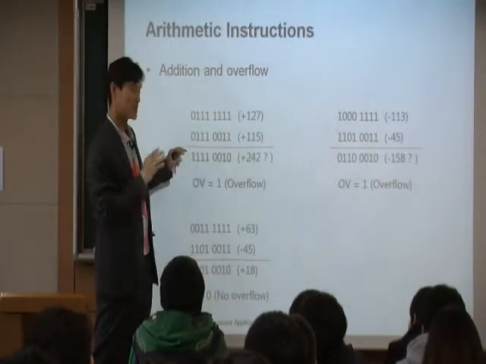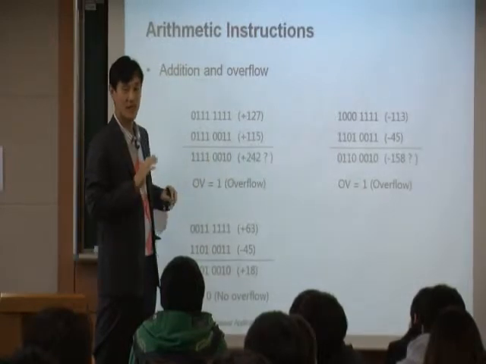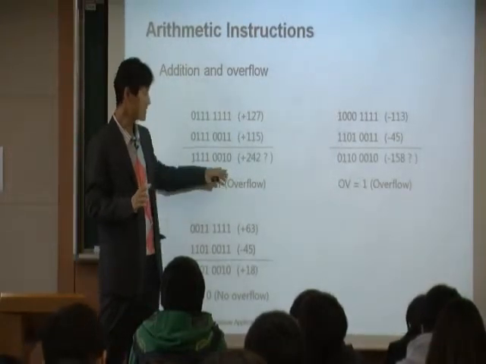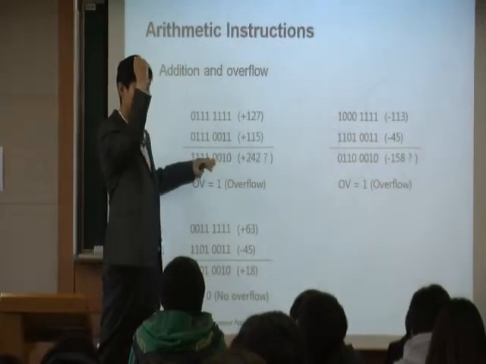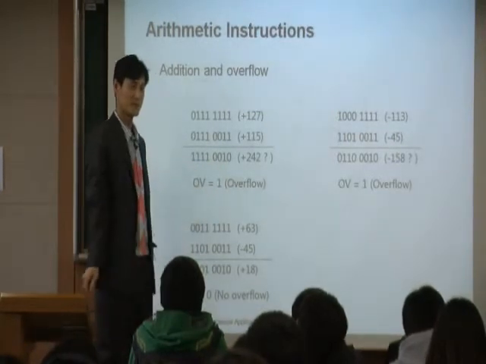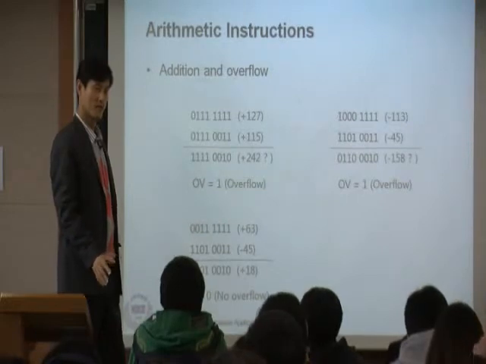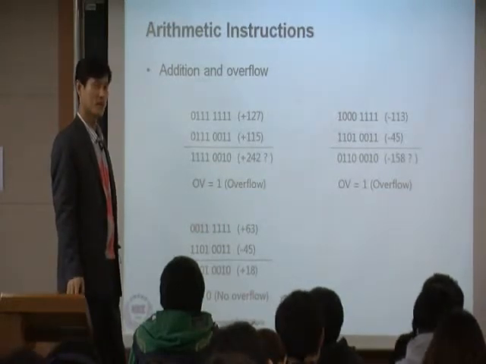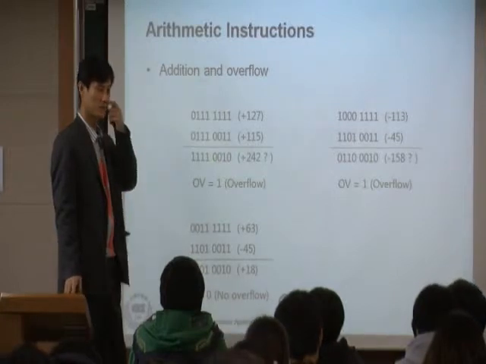If you read this one as signed, then this one is negative. Okay, so please be careful. That's the condition, raising the flag, please be careful. So read the values whether as signed or unsigned value, that's up to you. Okay?